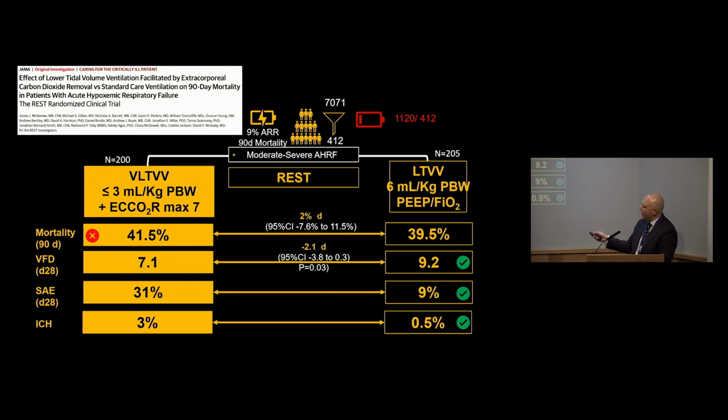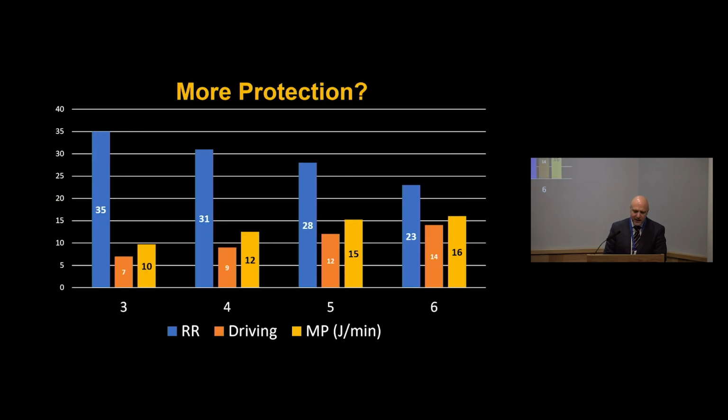Actually fewer ventilator-free days in the very low tidal volume group, more side effects, more intracranial hemorrhage. And you say, hold on, if 3 is good, 6 is good, 3 should be better. Why do we have this problem? The problem is, I went to the supplement and looked at day 3. Look at this.